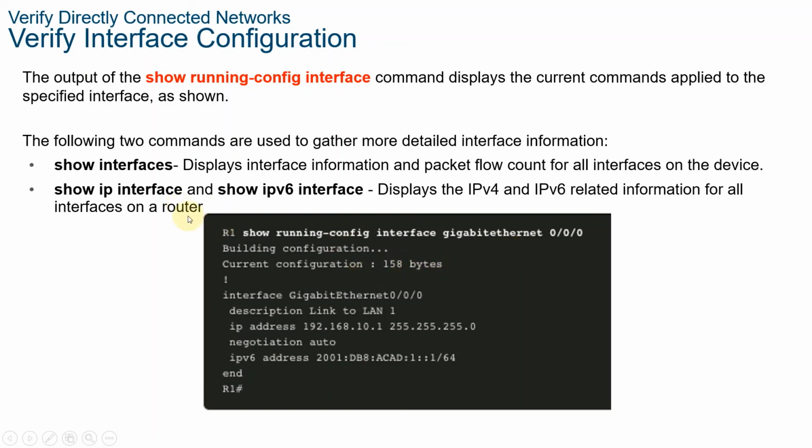You could use show interfaces, which displays the interface information and the packet flow count for all the interfaces on the device. You also have show ip interface or show ipv6 interface, which displays the IPv4 and IPv6 related information respectively for all the interfaces of a router. Or you could simply type in show run and then just look for the interface there.